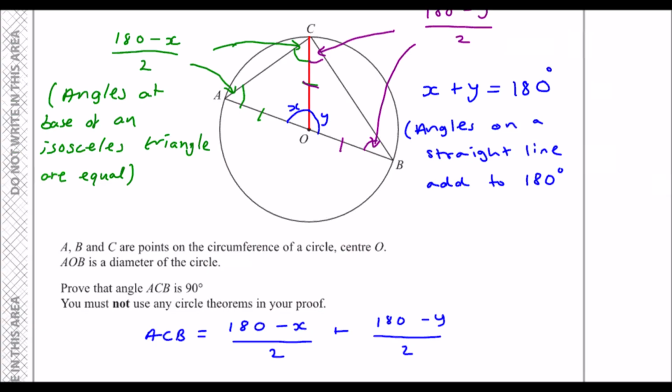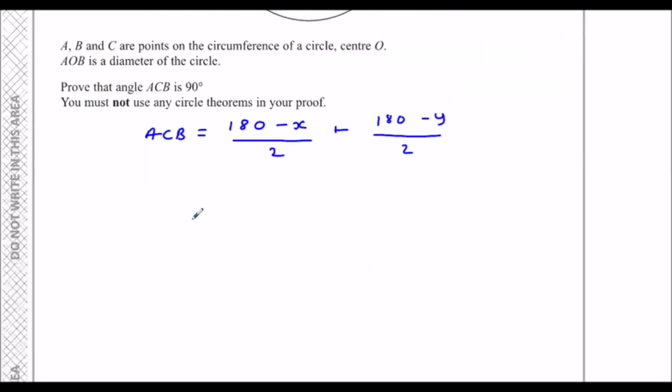And I'm just going to simplify this. So 180 over 2 is 90. And x over 2 is half of x. So 90 minus half x plus 180 over 2 again is 90. And y over 2 is half of y.